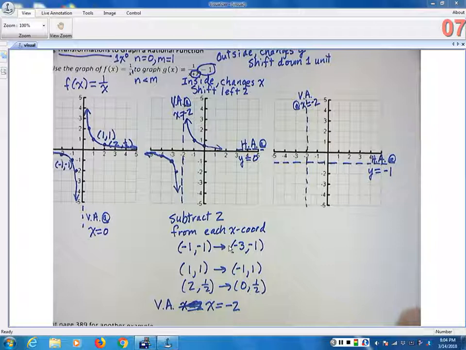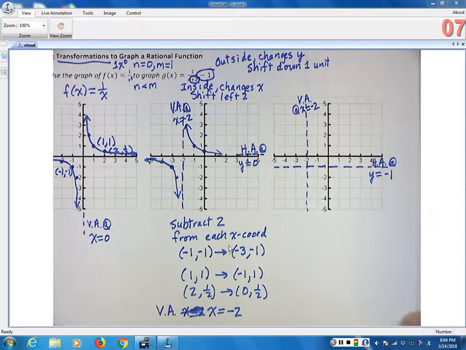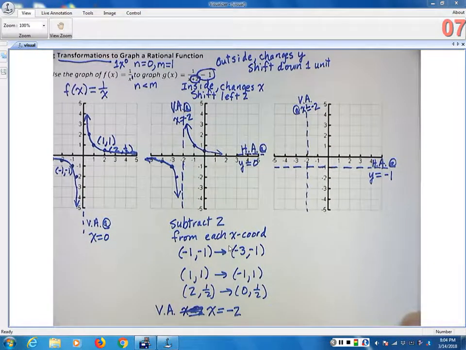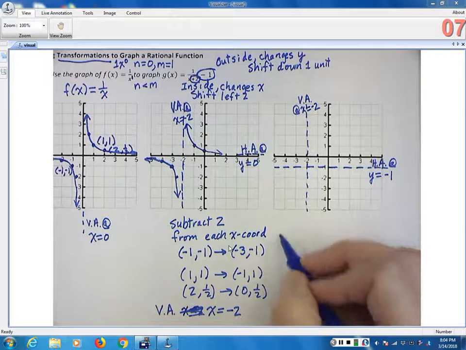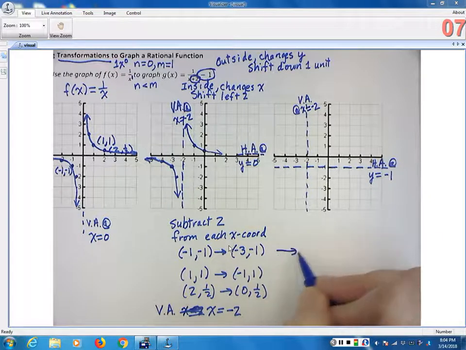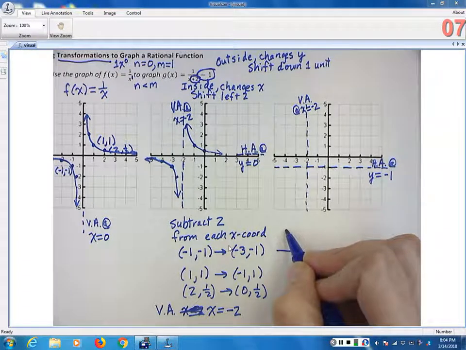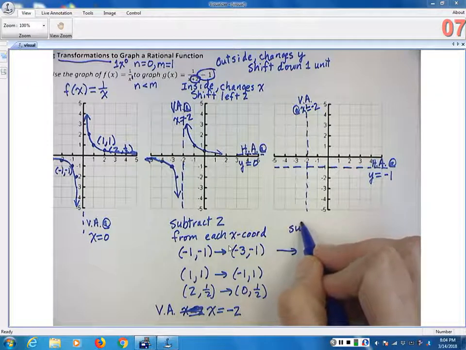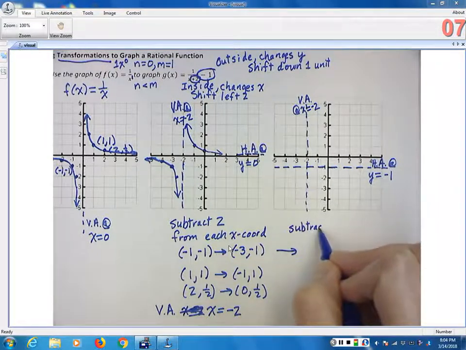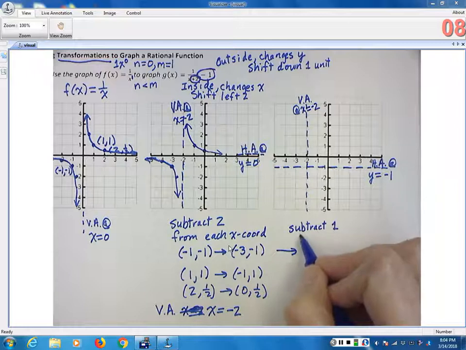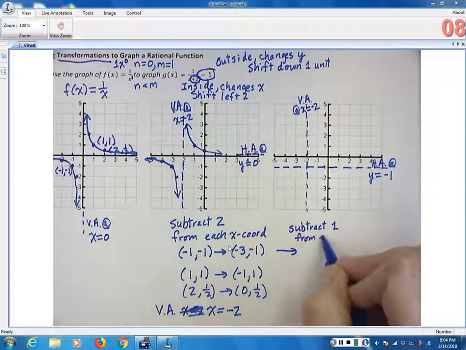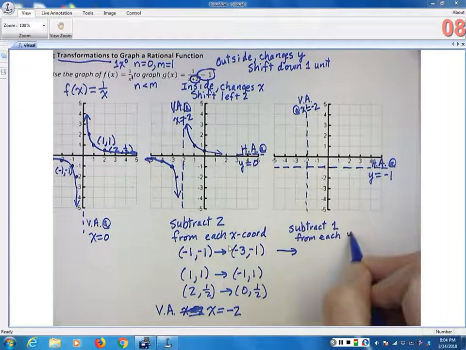So we draw our asymptotes first, shift those. Now, if you want to shift the points, the shift down 1 is subtract 1 from each y coordinate.